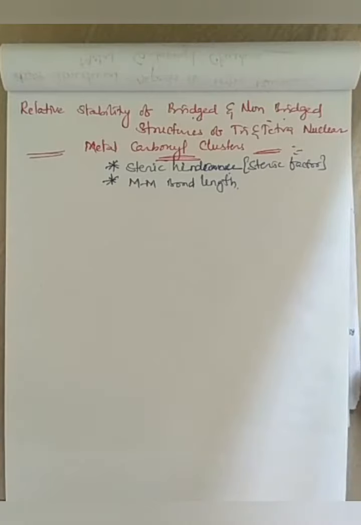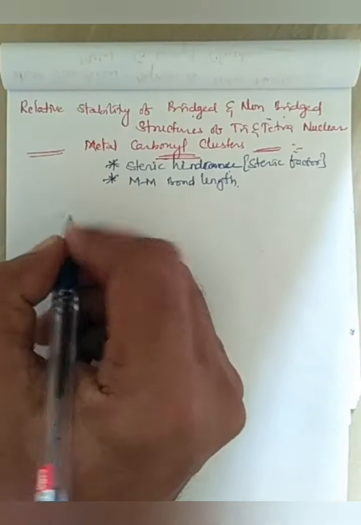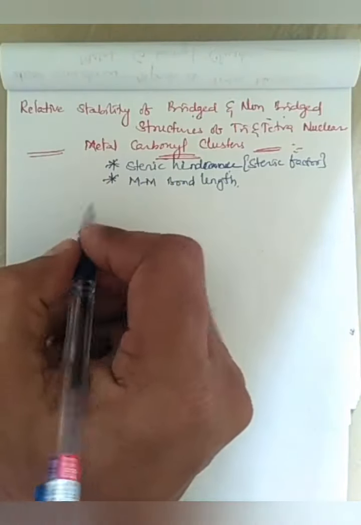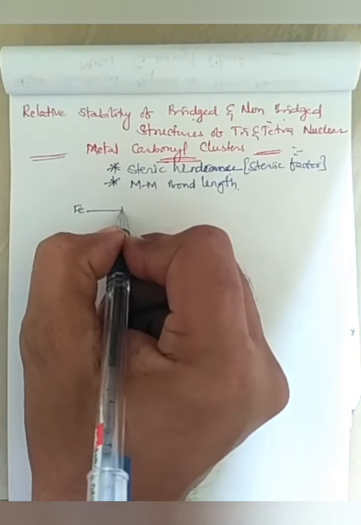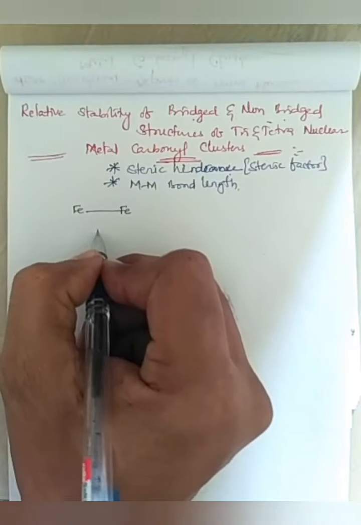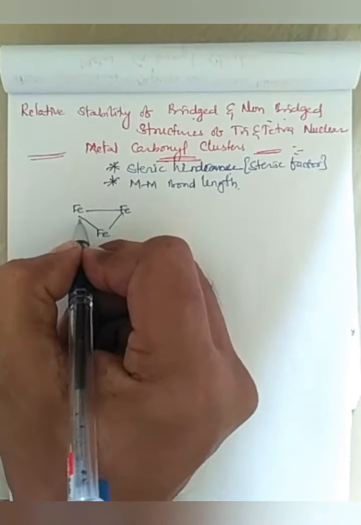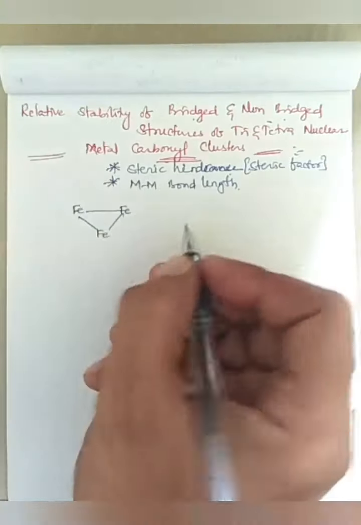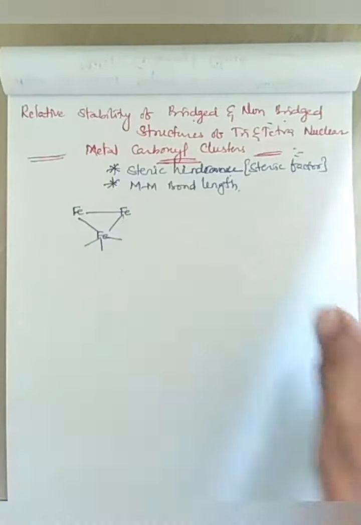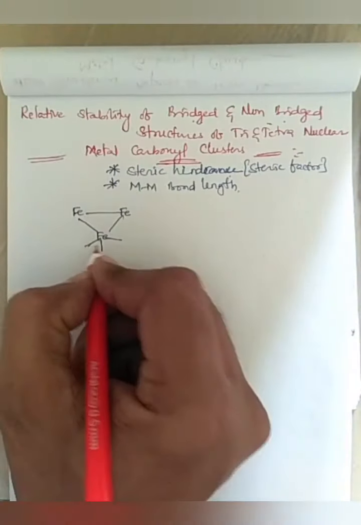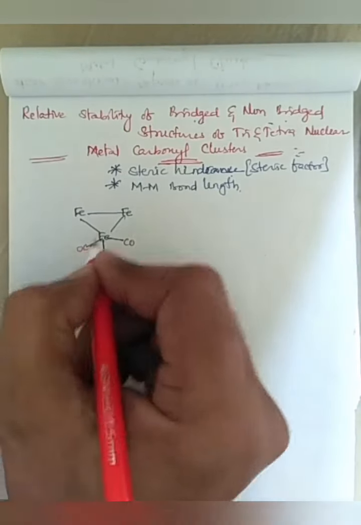carbonyl clusters, right? So looking into a trinuclear metal carbonyl cluster, the iron dodecacarbonyl triiron cluster has a bridged structure.